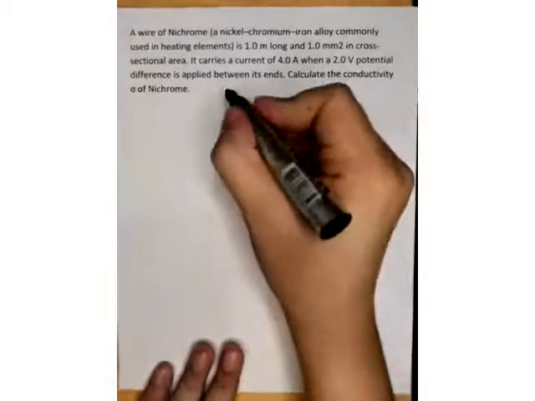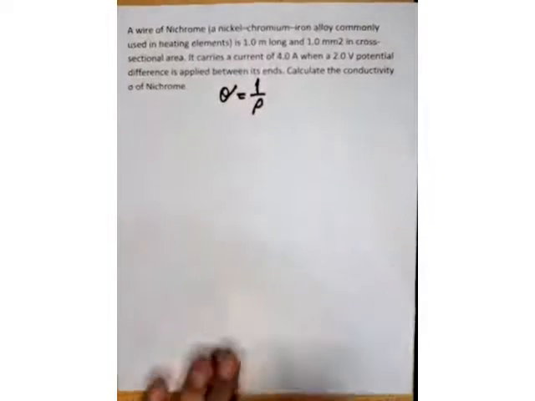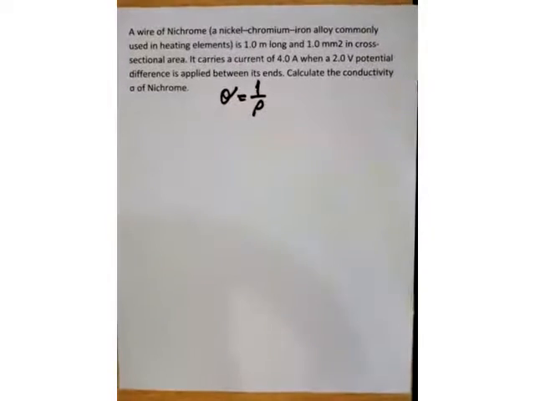Okay, so remember, conductivity is equal to 1 over resistivity. So we do not have any formula on conductivity. So pag nakuha natin resistivity, pwede nating i-substitute dyan to get the conductivity of nichrome.